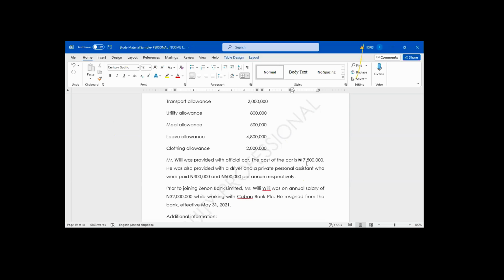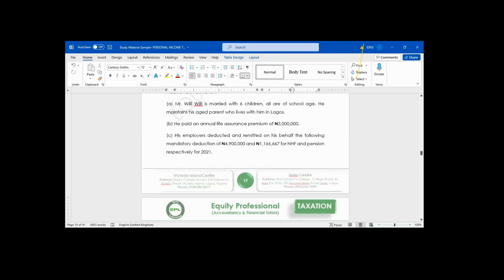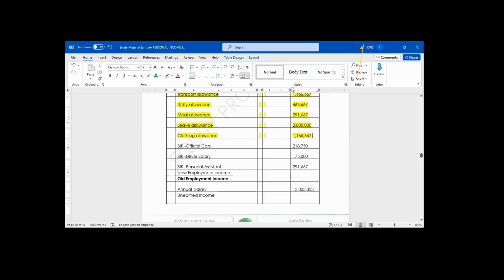But this new company that provides him an official car, in this year, how many months did Mr. Willie work there? 7 months. So we will say 5% times 7.5 million times 7 over 12. That gives 218,750.